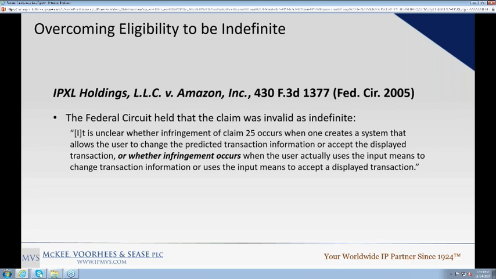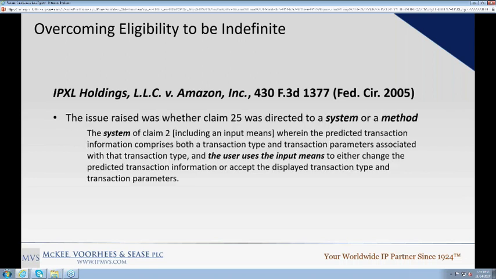And so looking at the public notice aspect of a patent claim, the court came back and said it's indefinite because it's not clear for somebody in the public to know if they make the system and they create that system, are they now infringing that system even though a user has not input or changed the predicted or accepted the displayed transaction, right?